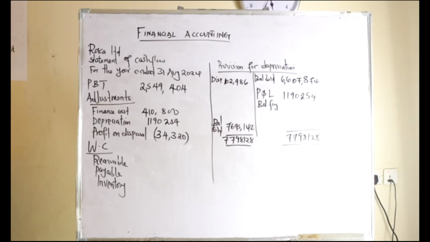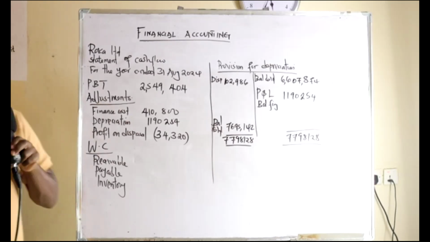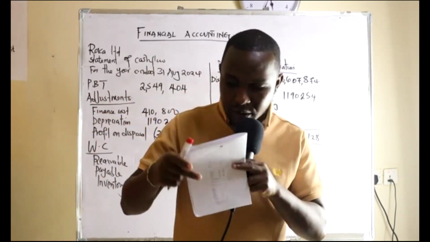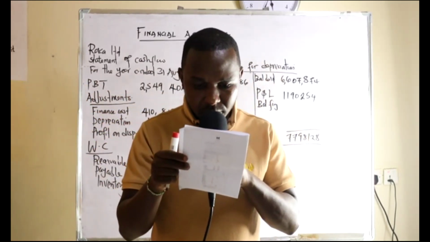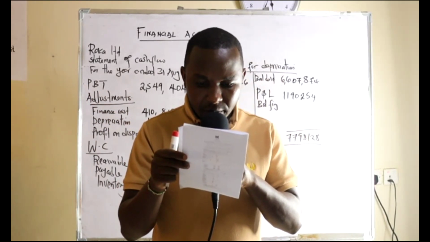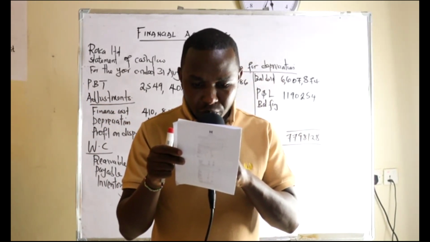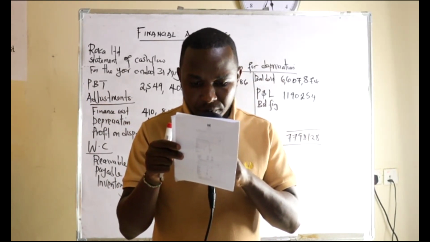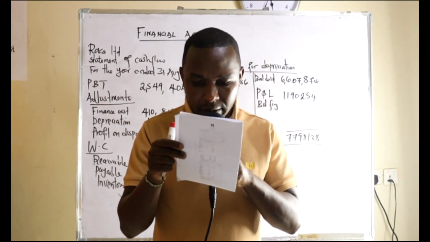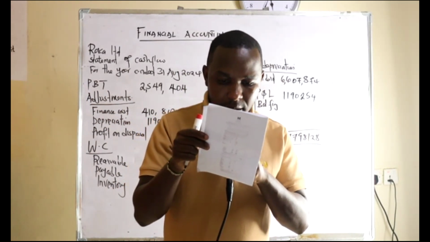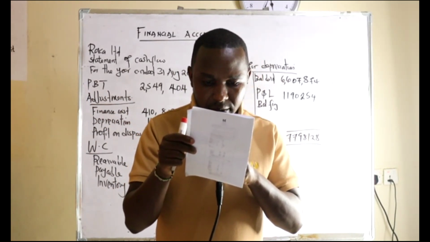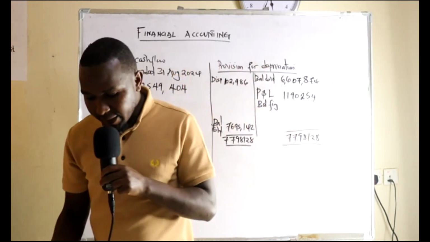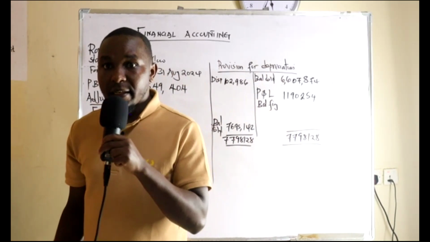So we look at the receivable. If you go back to the balance sheet, for the last financial year 2023, we have 45,004,864, and for the current period it is 31,150. So there's a slight decrease in receivable.